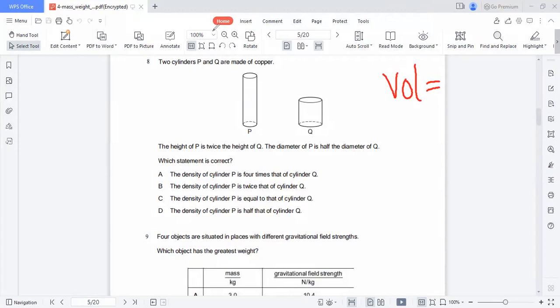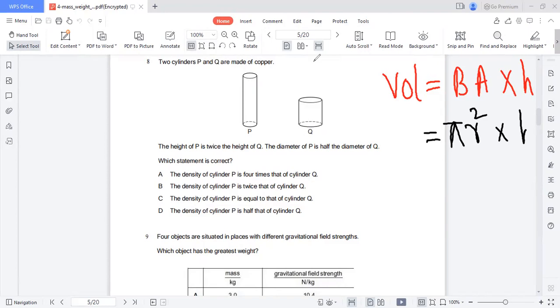Okay, so volume for the cylinder would be base area times height. Base area is circular, so it would be pi r squared, and height is suppose h. So pi r squared times h is the volume of a cylinder.